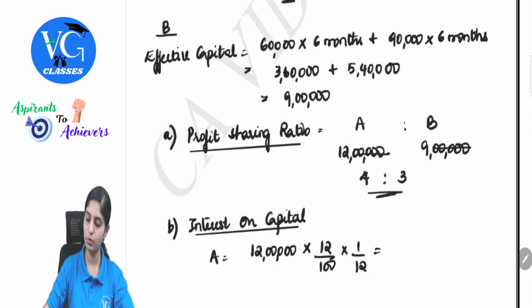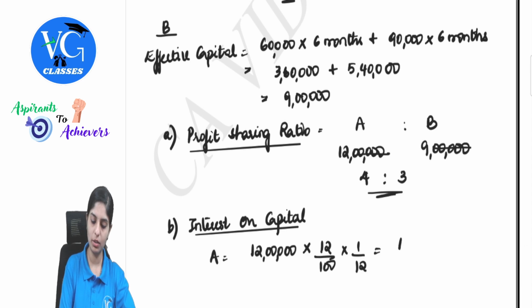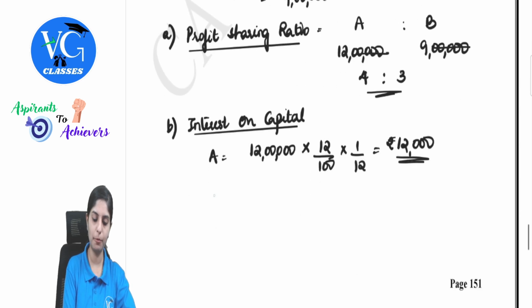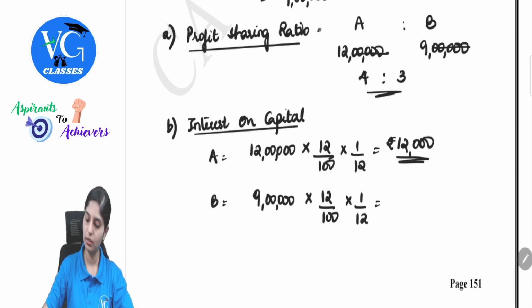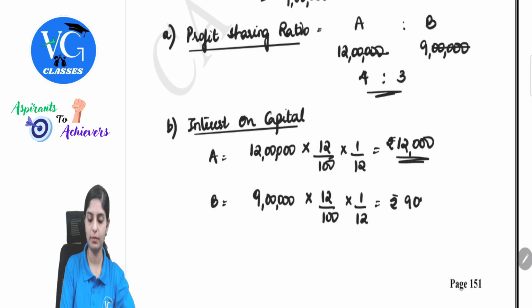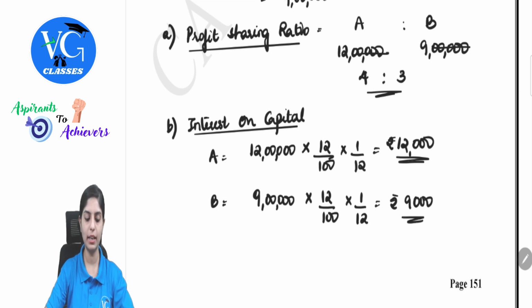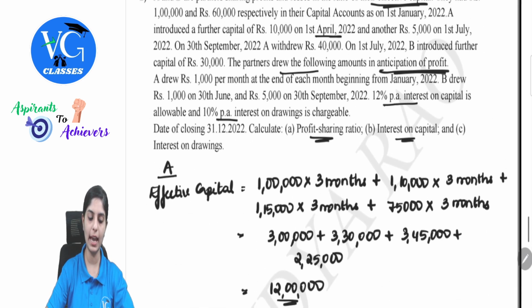This will be 12 lakh into 12% divided by 12, 12,000. And for B, 9 lakh into 12% into 1 by 12. So 9 lakh into 12% divided by 12, this will be 9,000. So these are interest on capital of A and B.